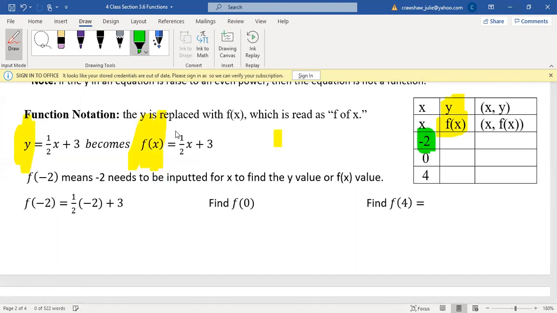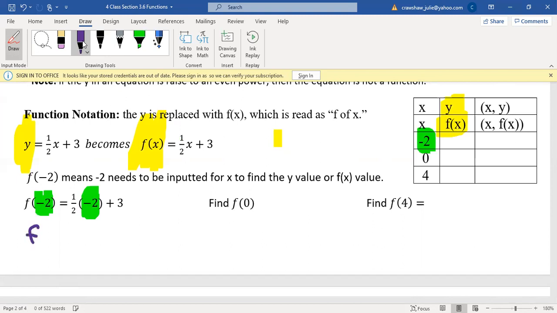So if I'm wanting to find my y when x is negative 2, I put that inside my parentheses, f of negative 2. And then I plug it into my function, my equation, and I solve. So if I'm looking for f of negative 2, I'm wanting to know what is the y value when x is negative 2.